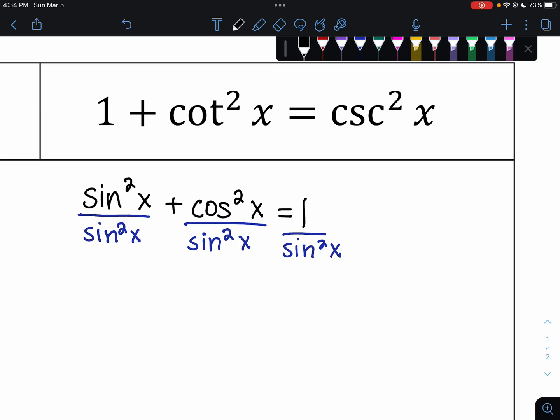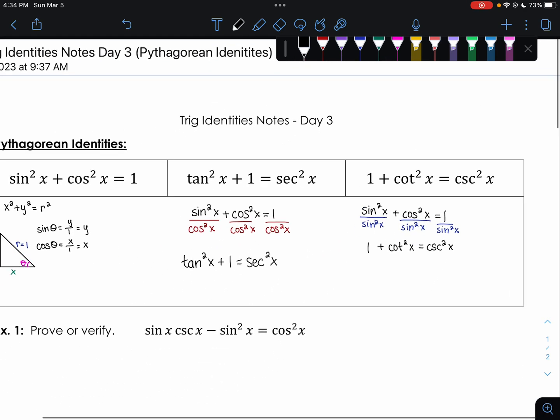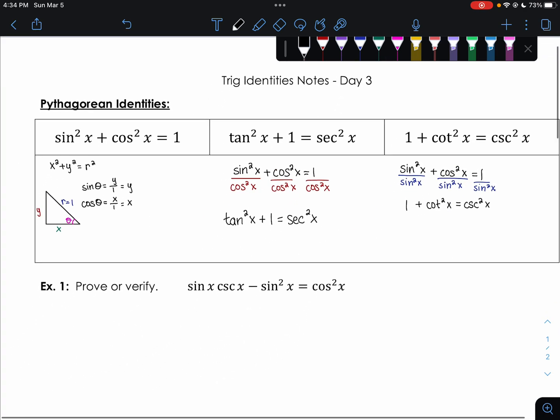So when we do that, sine squared x divided by sine squared x is 1, plus cosine squared over sine squared is cotangent squared. That's our other quotient identity. And then another reciprocal identity, 1 over sine squared x is cosecant squared x. And that's how we get all 3 of our trig identities.